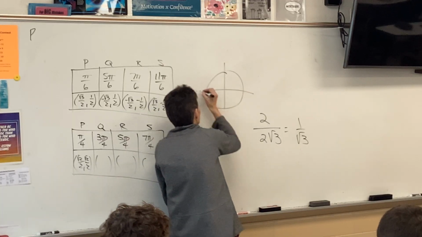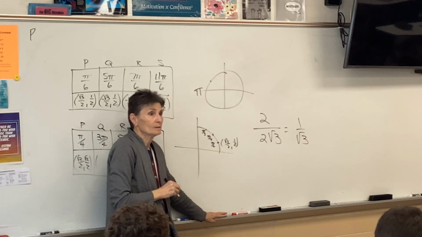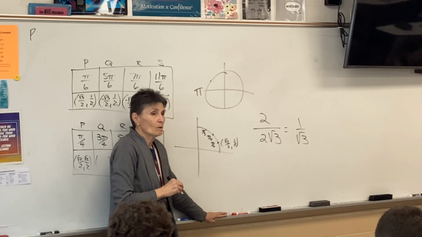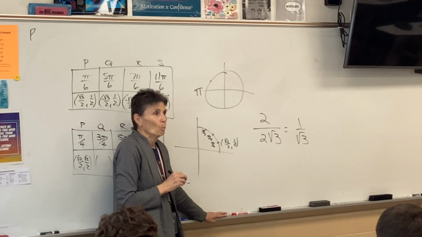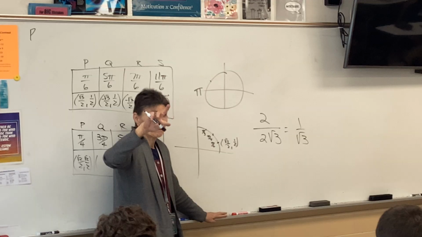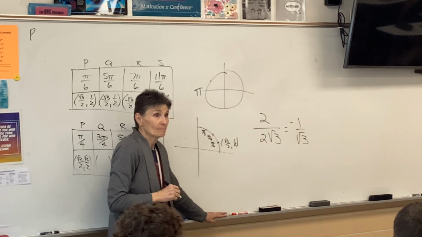Remember, this is a whole pi, so 5/6 would be here. And what do I know about x and y in quadrant 2? One is positive and one is negative. So when I make the tangent fraction, it's going to have to be negative.